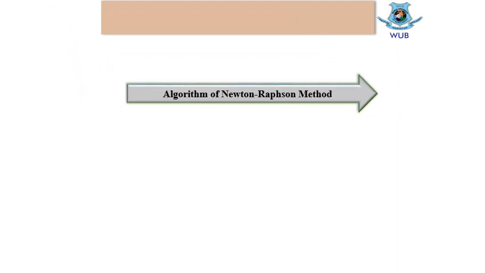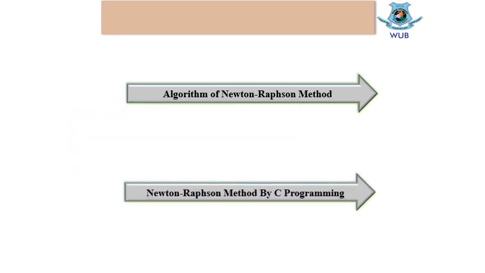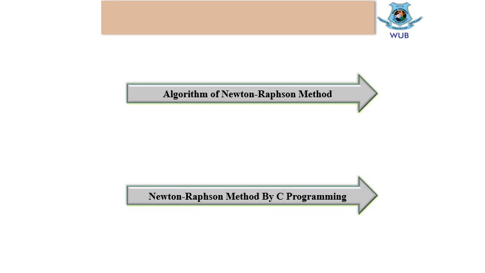Okay, let's start. This is our fourth week of this semester, and in this week, we are trying to know about and trying to do the Newton-Raphson method by using C programming. At first I would like to talk about the Newton-Raphson method, and I hope all of you already did it in the theory course.